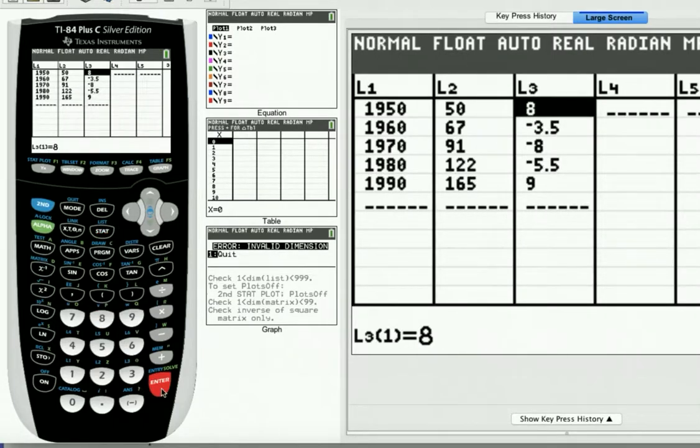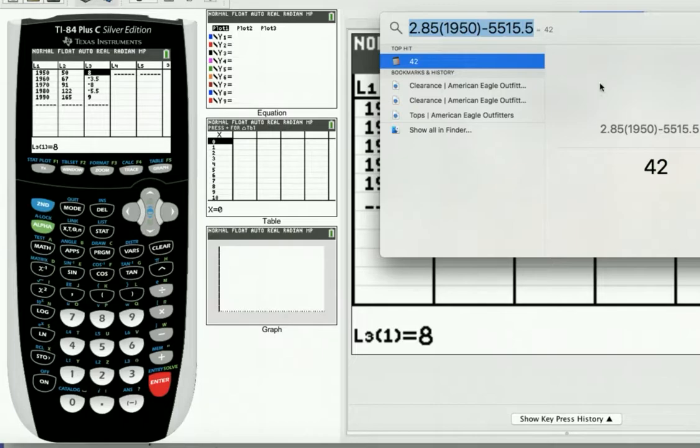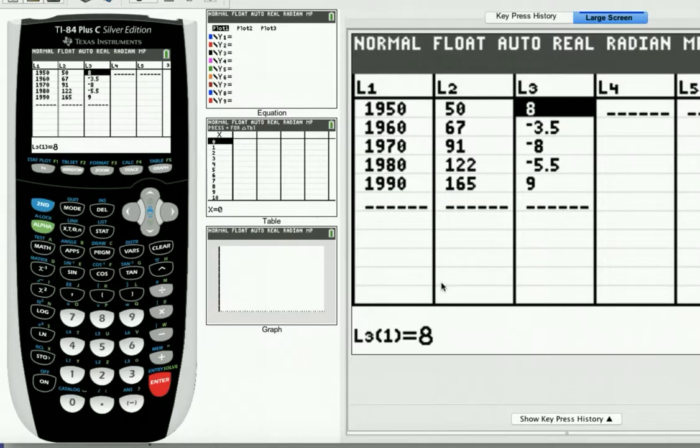Whenever you do that, notice that just like we said a minute ago, we took our observed value, which was 50, subtracted out our predicted value, which was 42, and 50 minus 42 gives us 8. Now, if we took 1960, plugged it into that same equation, and subtracted it from 67, we would see negative 3.5, and so on and so forth. All right, so we've got our residual values there.